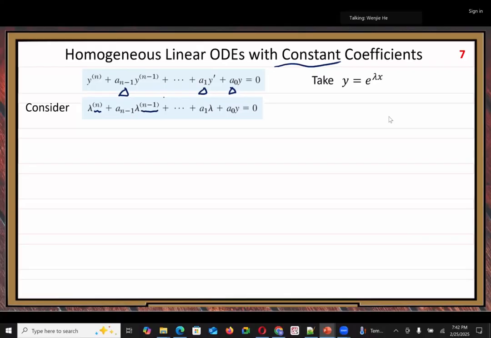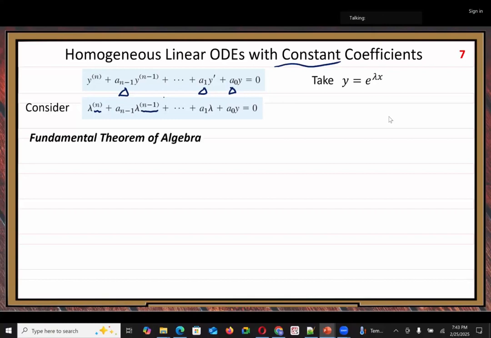For a number, we do not take derivatives, the derivative is 0. It's not a function, it's a number. So these are exponents, not derivatives.